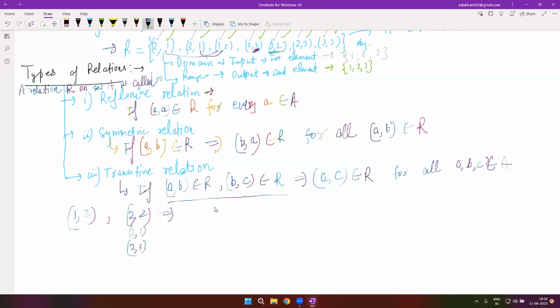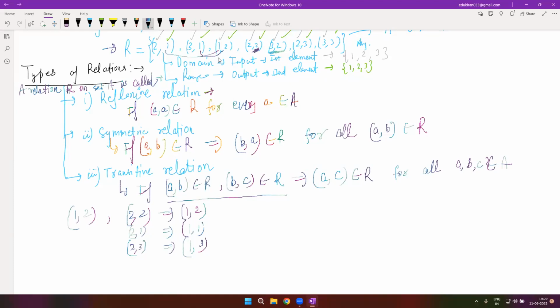For this to be transitive, you should have 1, 2, first element of the first pair and second element of the second pair. For this, you should have 1, 1. And for this, you should have 1, 3. You can see that you have 1, 2, but you don't have 1, 1 and 1, 3. Right? Means the given relation is not transitive.